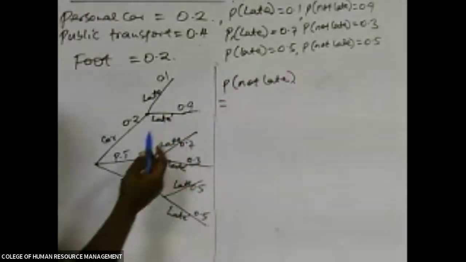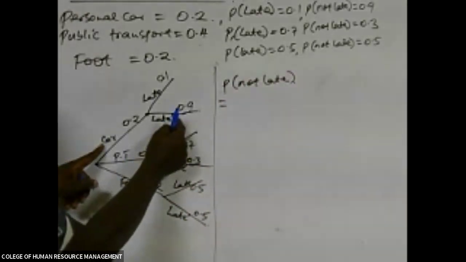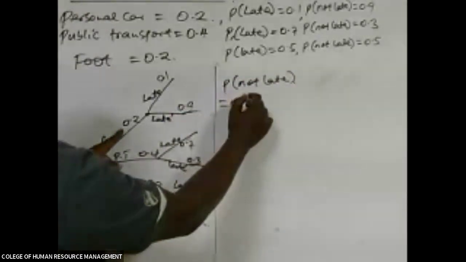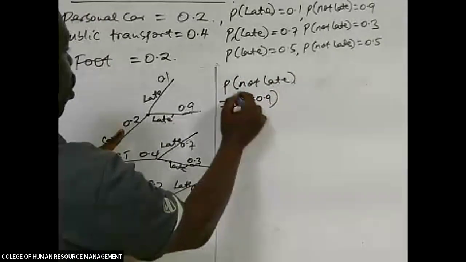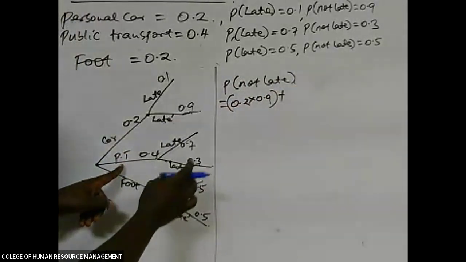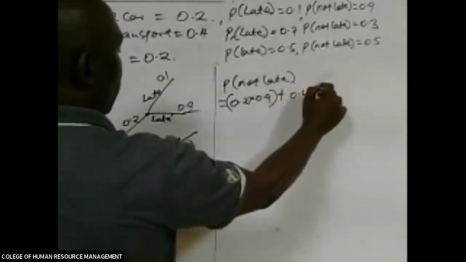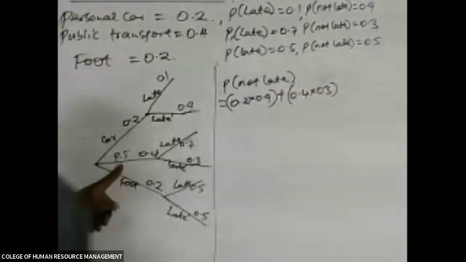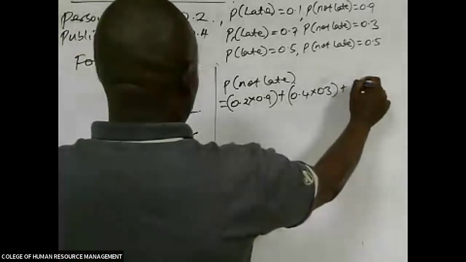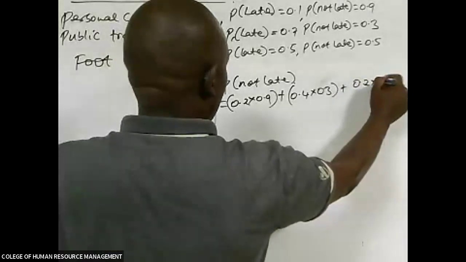So it is either you use a car and you are not late, 0.2 times 0.9, or the employee uses public transport and is not late, which is 0.4 times 0.3, or he uses foot and is not late, plus 0.2 times 0.5.